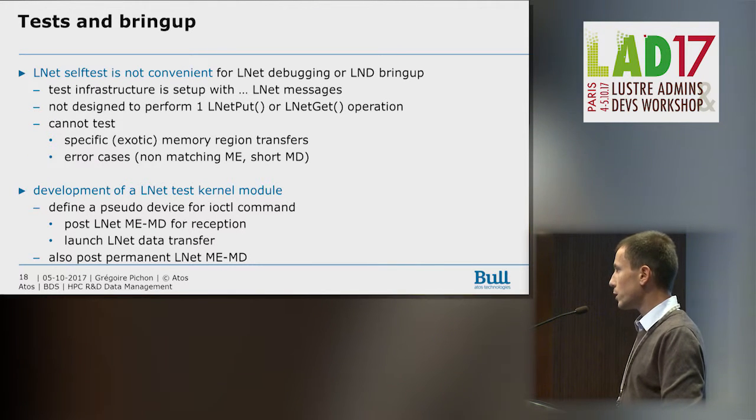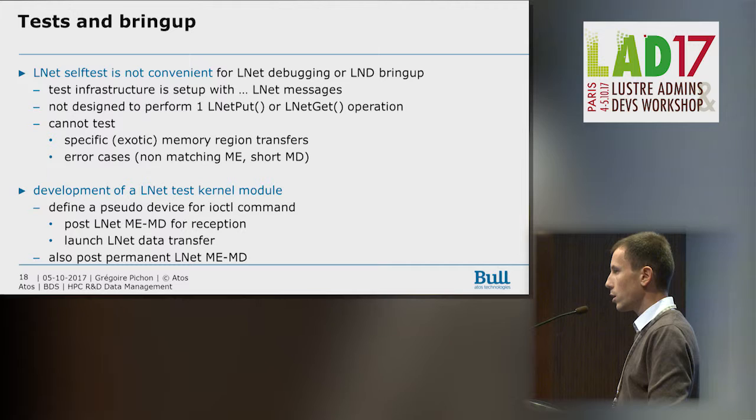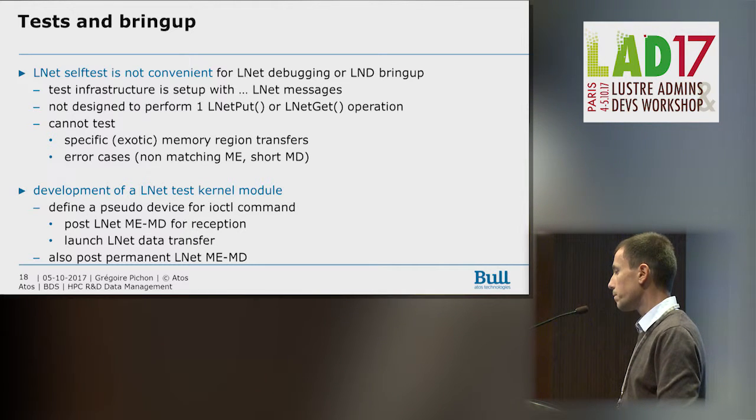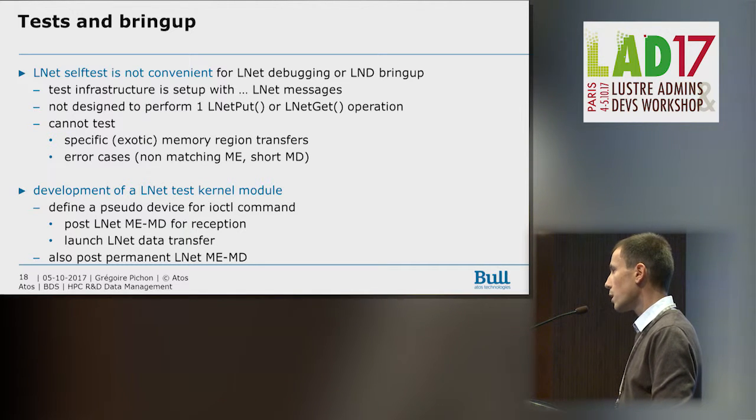Another challenge was related to testing. We have the LNet self-test suite, which is great for performance measurements, but it's quite hard to set up a new LND because we cannot perform a unique transfer or use memory descriptions that are unusual or exotic.